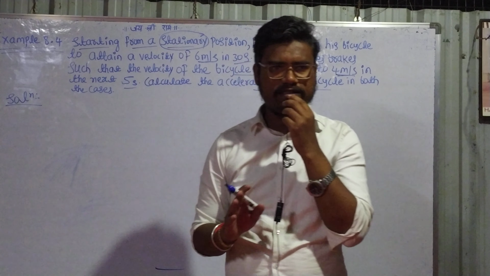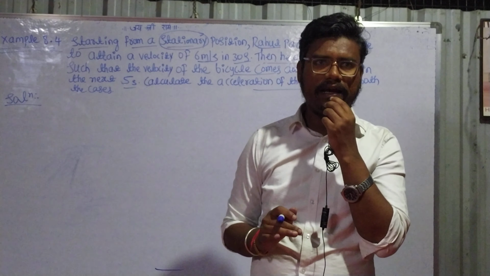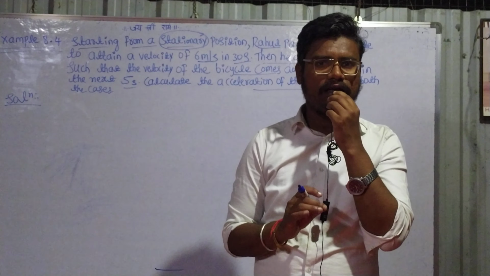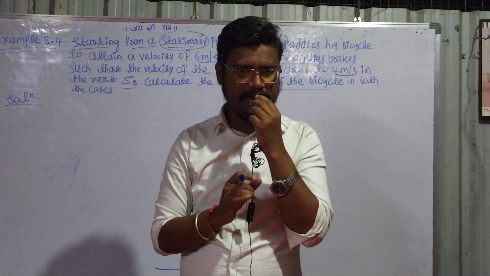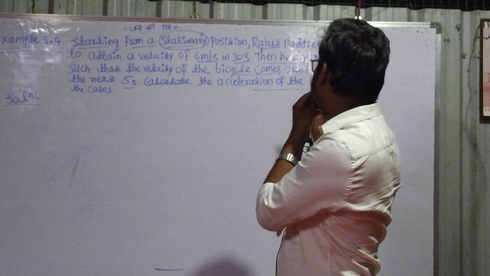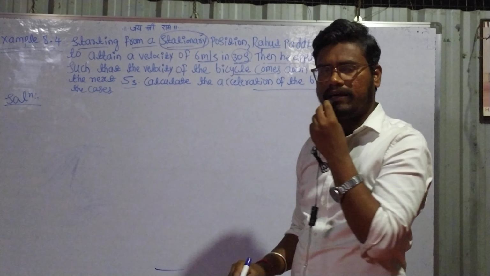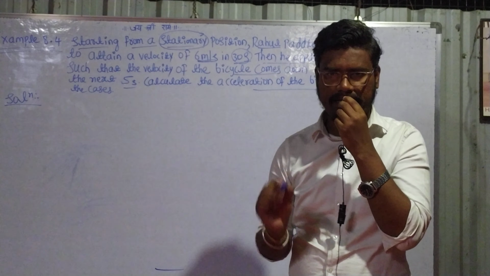So first Rahul pedals the bicycle, and that time the velocity of the bicycle is 6 meter per second. The time taken by the bicycle to attain this 6 meter per second velocity is 30 seconds.